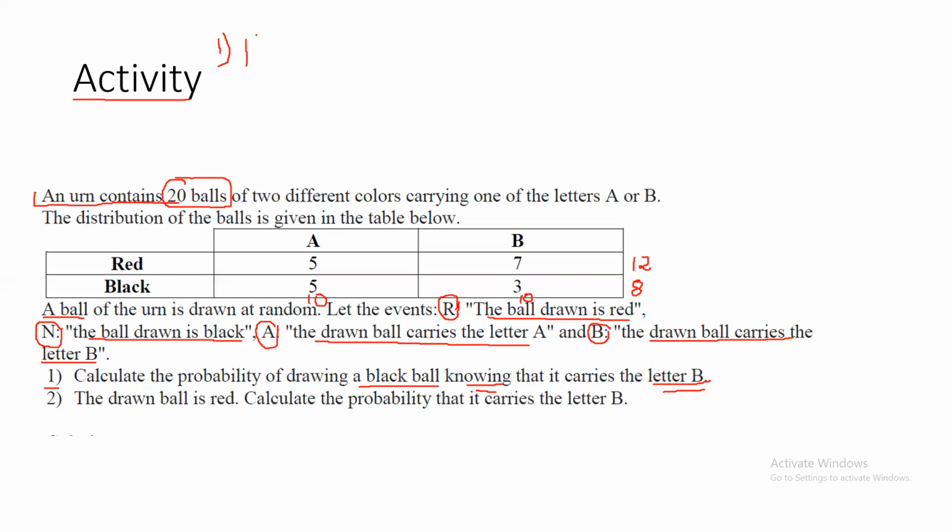Probability of what? With knowing, I put the slash. What is above? What is below? Knowing that it carries the letter B, yes, knowing goes below. And I need to calculate the probability of what? Black or red? Black. What's the symbol for black? N.